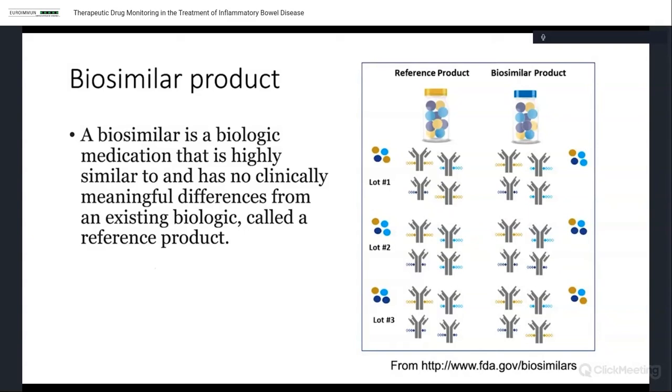And so typically, as shown on the image on the right, biosimilar products will have the same amino acid sequence and protein structure as the reference product, but their higher order structure and things like post-translational modifications, including glycosylations to the proteins, may be slightly different because they're made in different living systems. And importantly, these changes can even drift over time in the reference product with lot-to-lot variation.